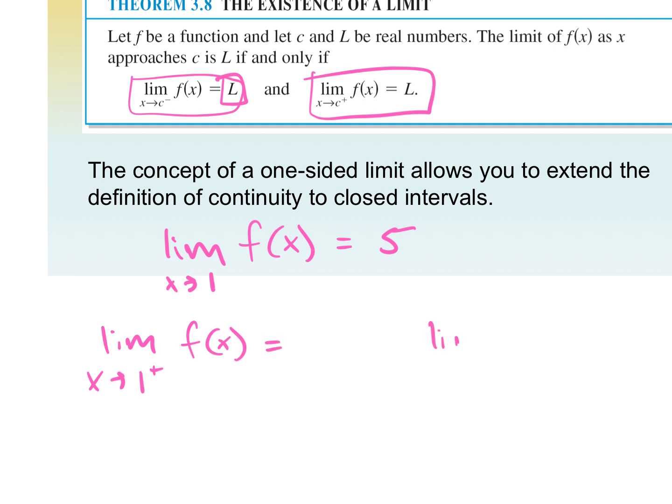What about the negative direction? So if our limit equals 5, it would be 5. So if our limit exists, that means the limit coming from the positive direction and the negative direction are going to be the same thing.